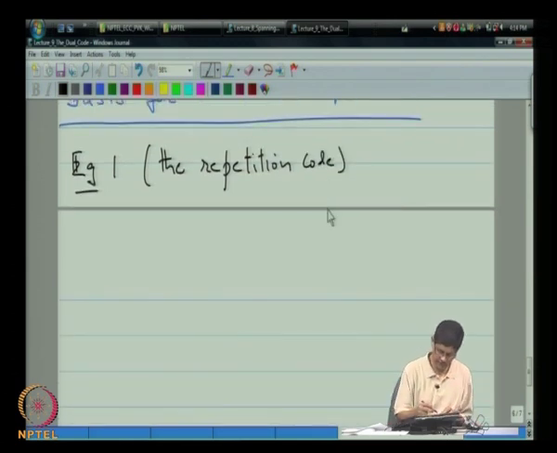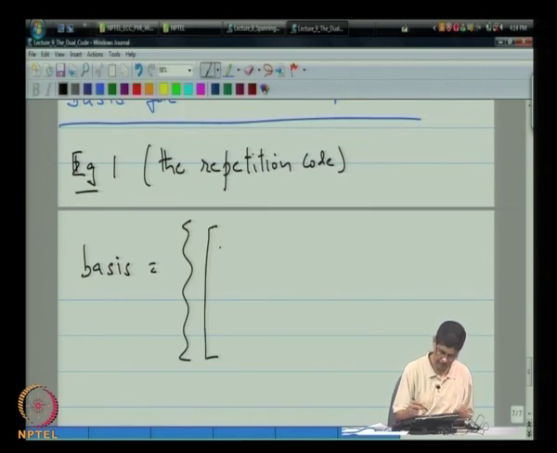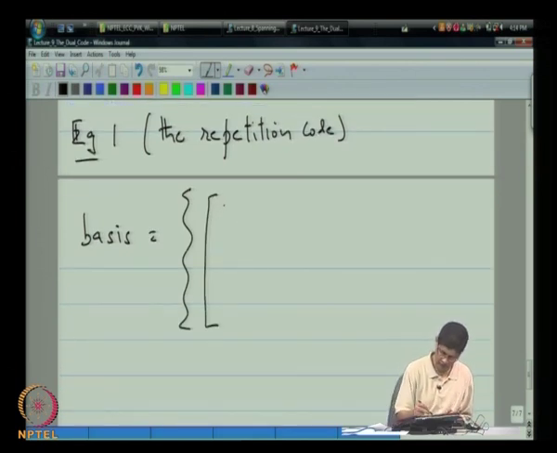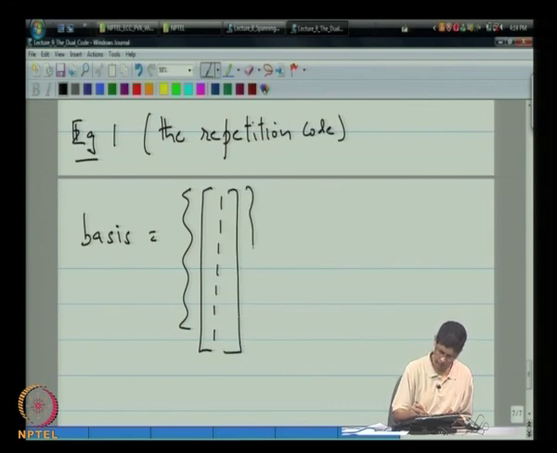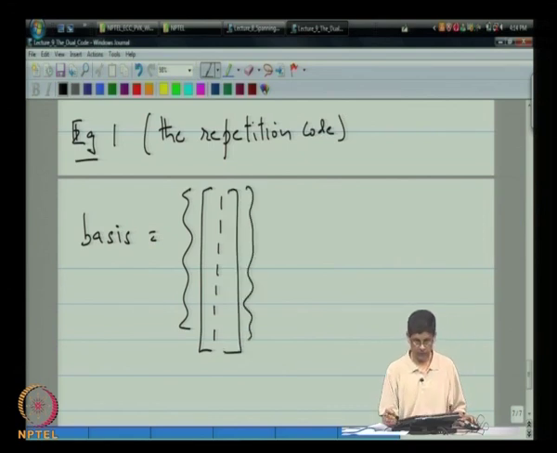So, in this case it is easy to see that a basis has just a single element, namely the all 1 code. So, this is a singleton basis.